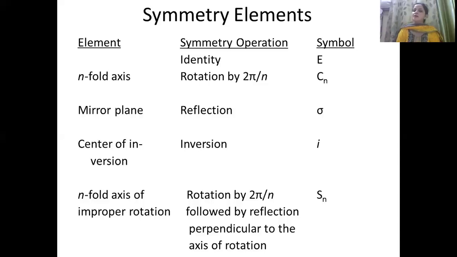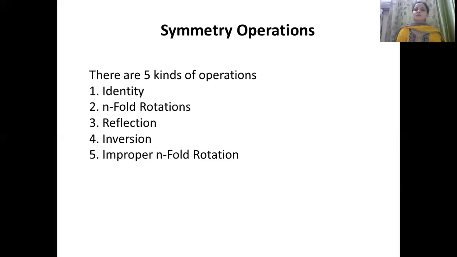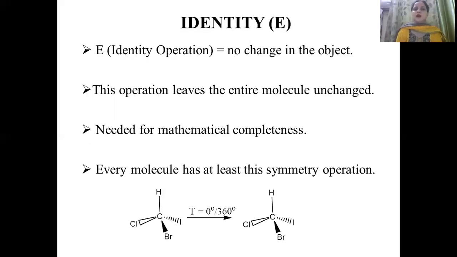Again, n is the number of rotations possible in the molecule to get the identical structure. So overall we have 5 different symmetry elements: identity, n-fold rotation, reflection, inversion, and improper rotation axis. First, I will discuss the identity, which is denoted by E.